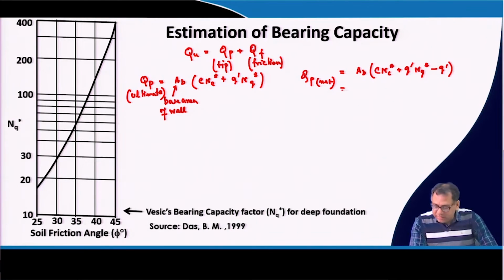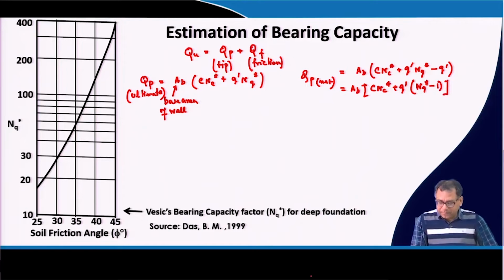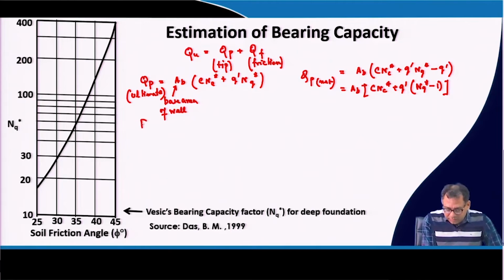So, this will be AB C N C dash plus Q dash (N Q dash minus 1).